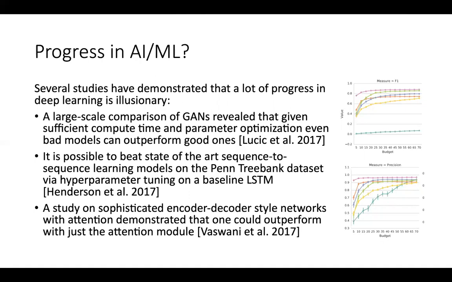And if you take tasks like sequence-to-sequence learning, it's actually possible to beat state-of-the-art by doing hyperparameter tuning on just simple baseline LSTM models. Even in terms of architecture, a study on certain encoder-decoder style networks demonstrated that a very simple attention-based model could actually outperform much more sophisticated architectures.